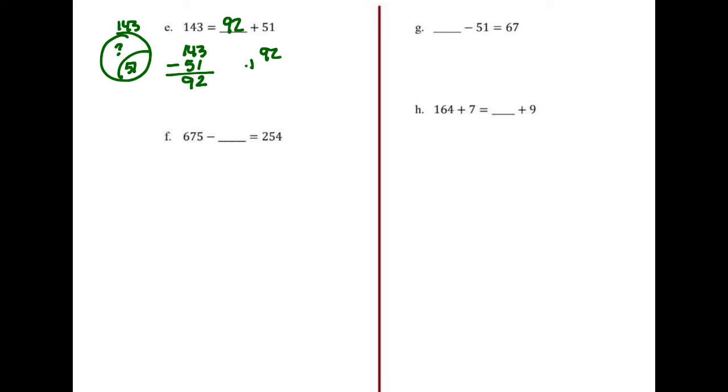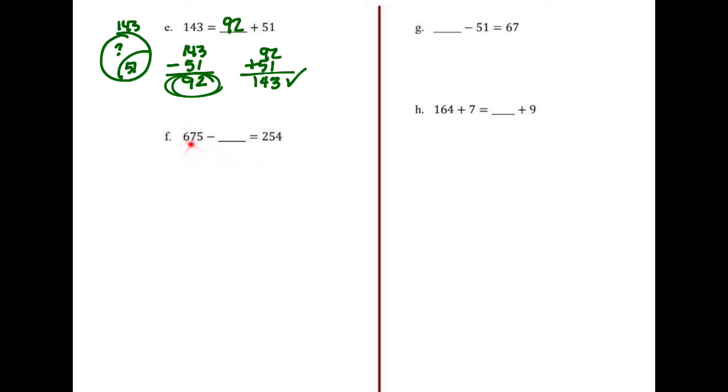Let's double check. 92 add 51. 2 plus 1 is 3. 9 plus 5 is 14. And it checks. So 92 is the correct answer. On F, we have one number subtract another number equals 254.